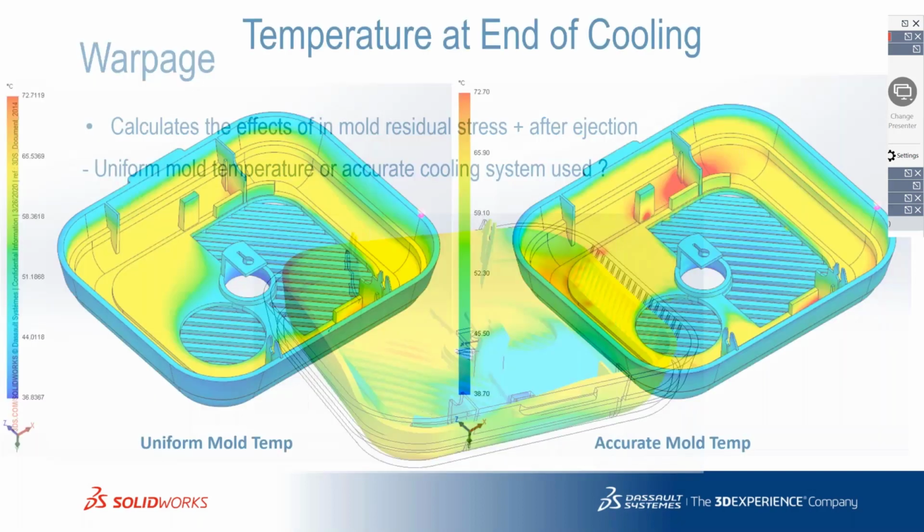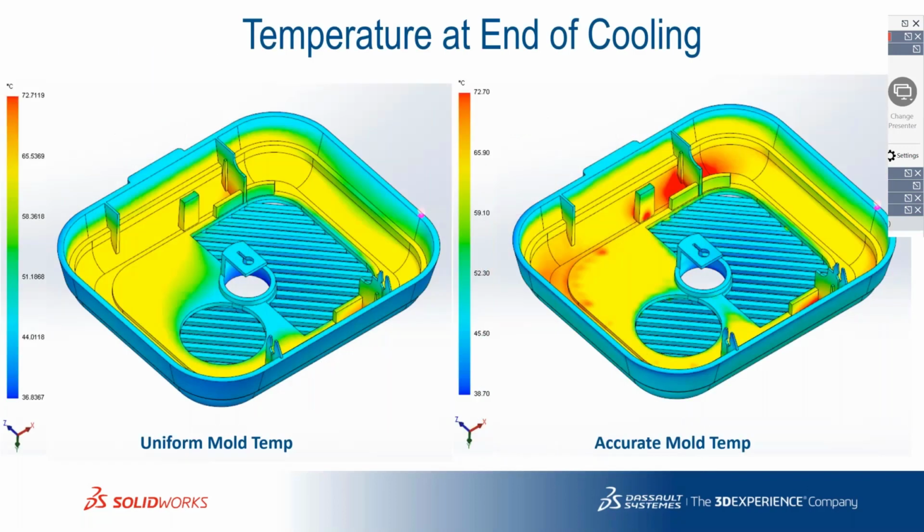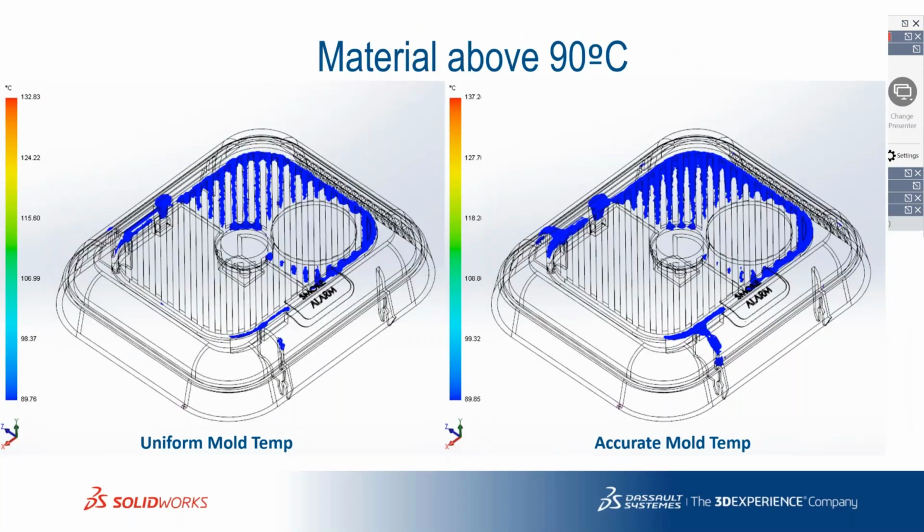We can see the graphs and the images here, where it gives me the uniform temperature at the end of cooling with different parameters like uniform mold temperature and adequate mold temperature, and then material above 90 degrees Celsius. You can see the temperature degrees specified in the graphs with different colors. Red is always at the higher end and the blue is always at the lower end.